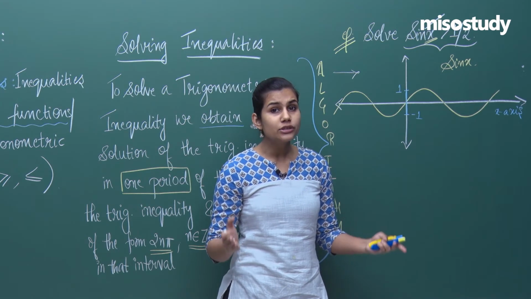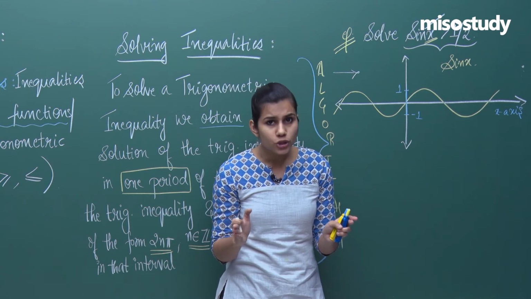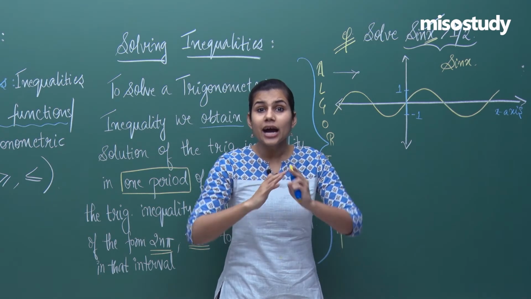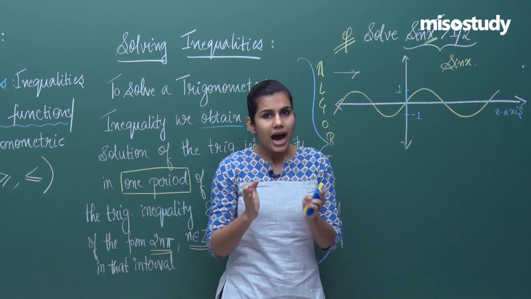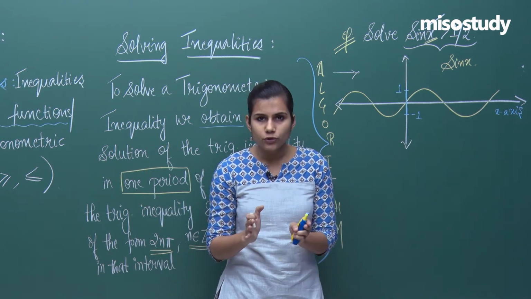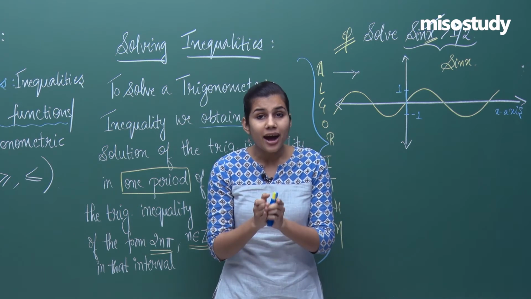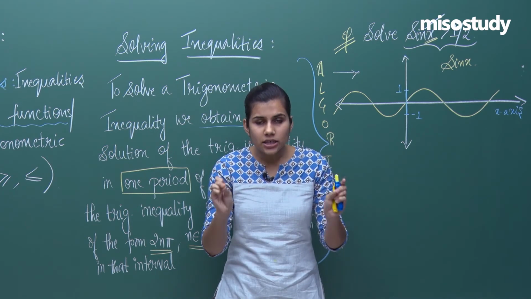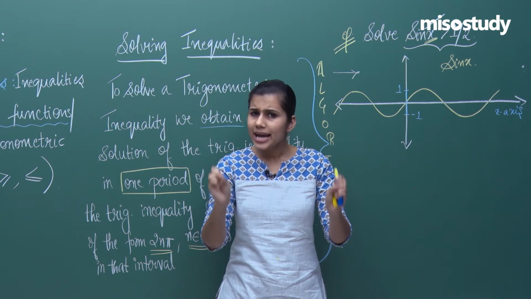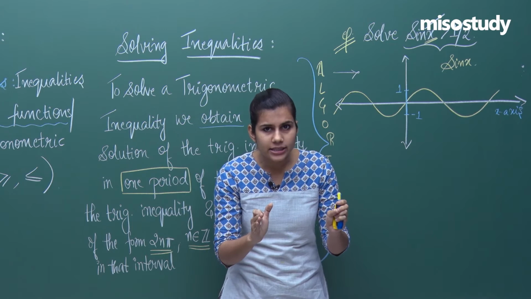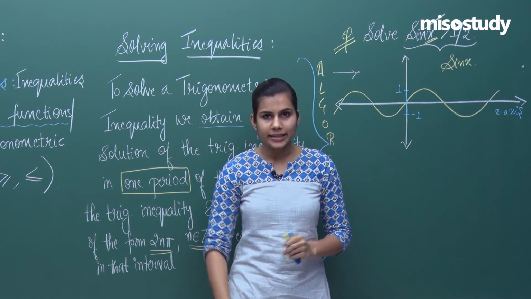So I am going to select one interval of length 2 pi, and inside that interval I am going to find all the angles whose sine ratio is greater than half.